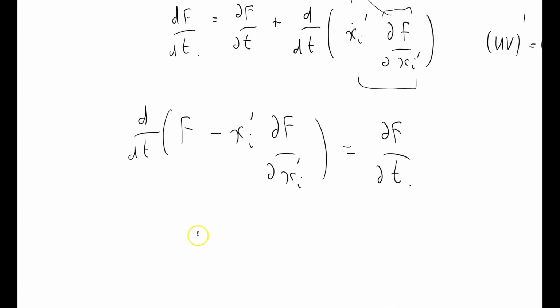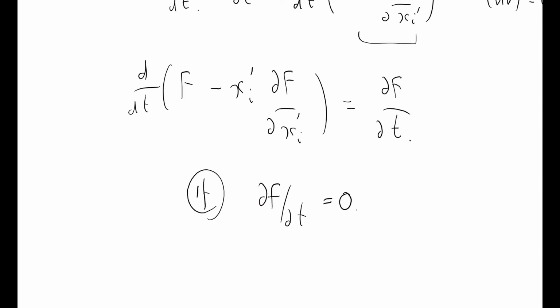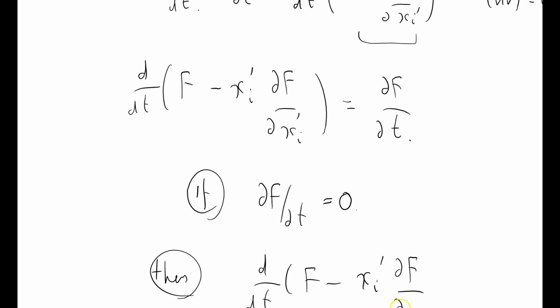Okay. So if df dt equals 0, which it very frequently is, quite often you haven't got any direct time dependencies, we'll see what it means physically in a few minutes. If df dt equals 0, then d by dt of f minus xi prime df dxi prime equals 0.